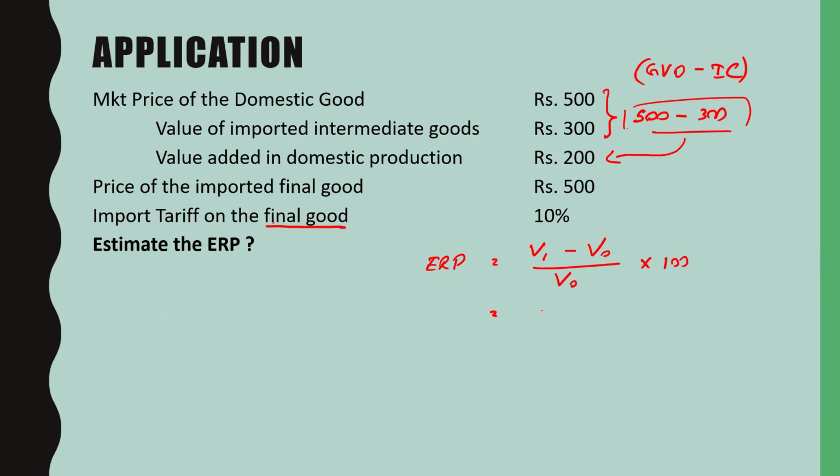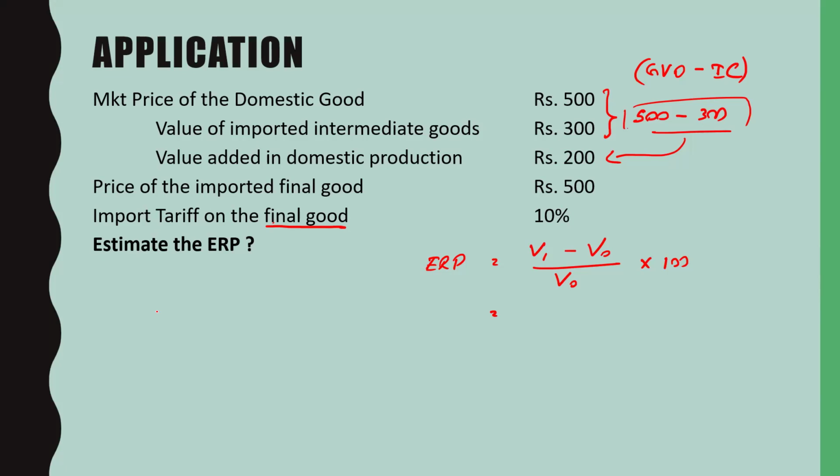How much is V1? You might need to do a calculation and find out. What is the price of the imported good before the tariff? 500. On that 500, how much is the tariff? 10%. So calculate 10% of 500 and add it to the 500. I'm breaking it down so that it's easy for you.